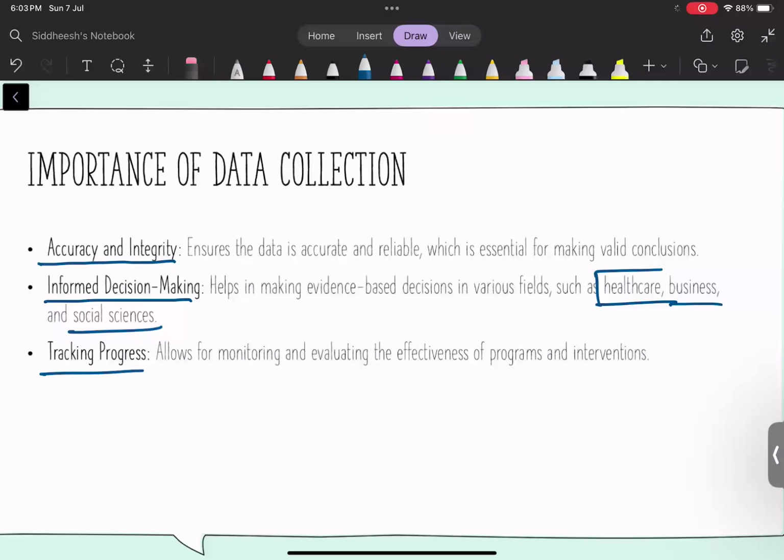Now, to track progress also. Suppose your sample is around 120 and you are taking data, so we can find out that 120 patients are pending, or 30 patients are pending, and this much effectiveness we are getting with the data. While collecting data, you can also recognize that yes, my patients are improving, or patients are not improving. Suppose you are doing an RCT, for example, and you have data before the trial and after the trial.